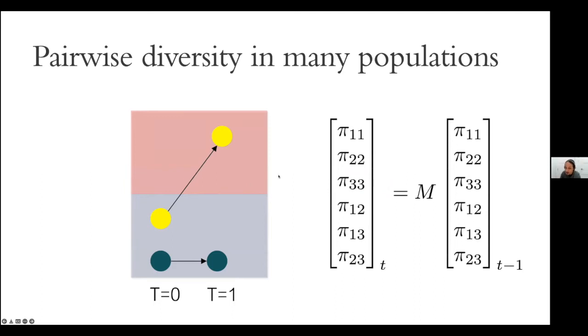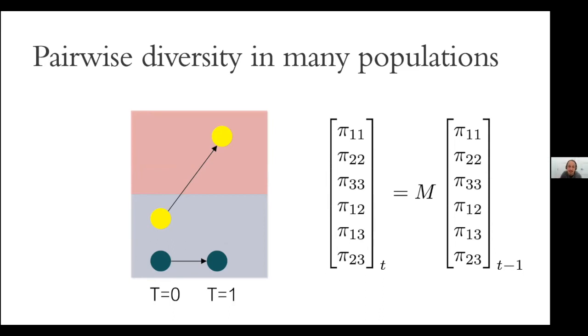If you do this bookkeeping exercise of asking how it is possible for 2 individuals to carry different alleles, you can still do this with multiple populations. You just have to keep track of things like, maybe these 2 individuals from different populations had 2 parents, but one of the parents was a migrant here. So the parent of this individual was drawn from this population, and now these 2 parents carry different alleles. So we can still write these recursions in closed form.